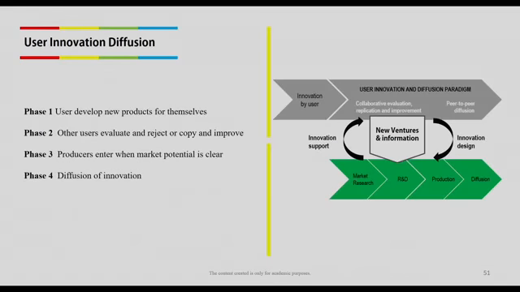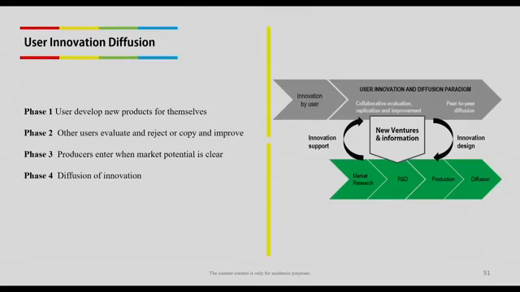Now, let us discuss user innovation diffusion. In phase 1, users develop new products for themselves because they understand the problem, and slowly other users evaluate and reject or copy and improve. So, there are surrounding people who will endorse the innovation, who will adopt this innovation, and slowly it will come into the picture of the manufacturer.